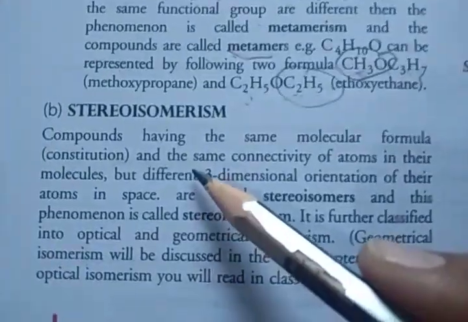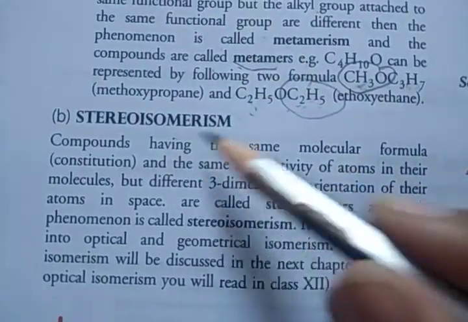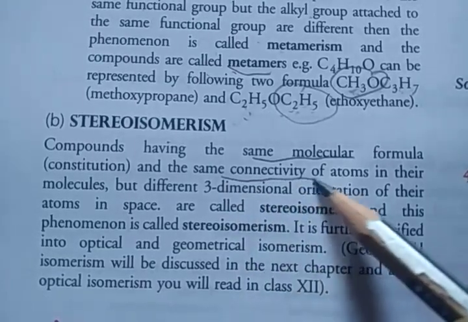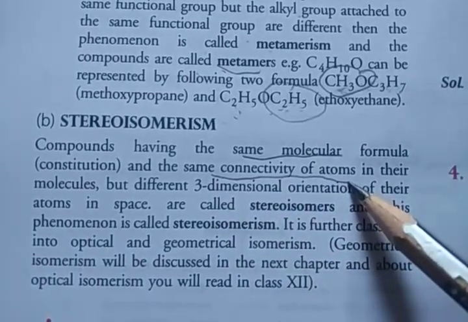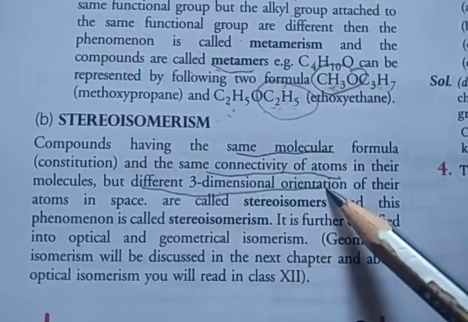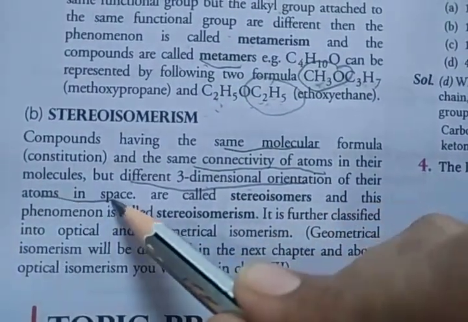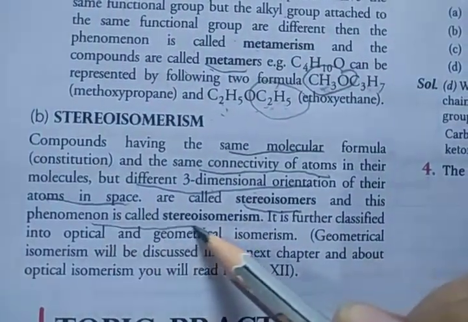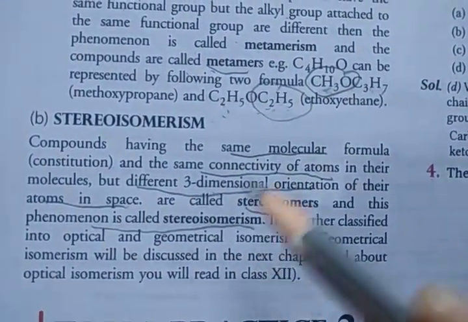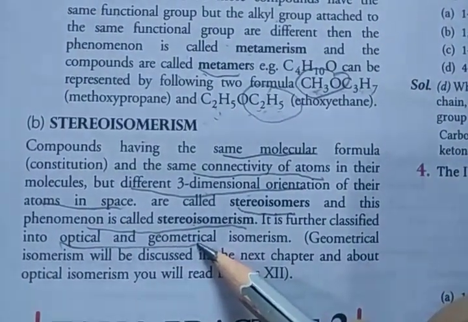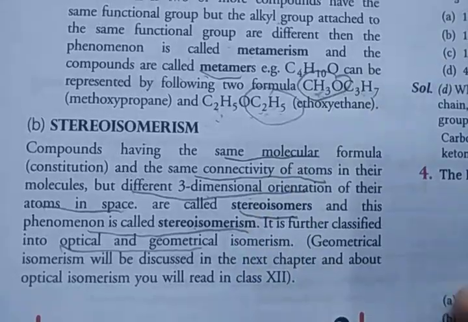Another is stereoisomerism. Stereoisomers are compounds having the same molecular formula and the same connectivity of atoms in their molecules, but different three-dimensional orientation of their atoms in space, and this phenomenon is called stereoisomerism. It is divided into two categories, optical and geometrical, which we will discuss in the next chapter.